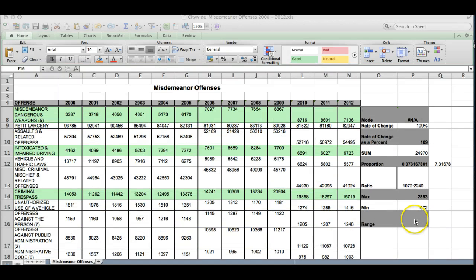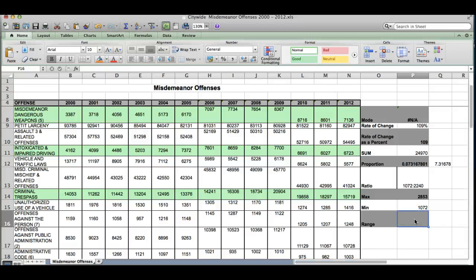A range is basically the difference between the maximum number and the minimum number reported within a given data set. So for range, you can basically say equals, and now that you have your max and min, you can select your max, which has been calculated for you, minus your min, which has also been calculated for you. So the total range is 1781.